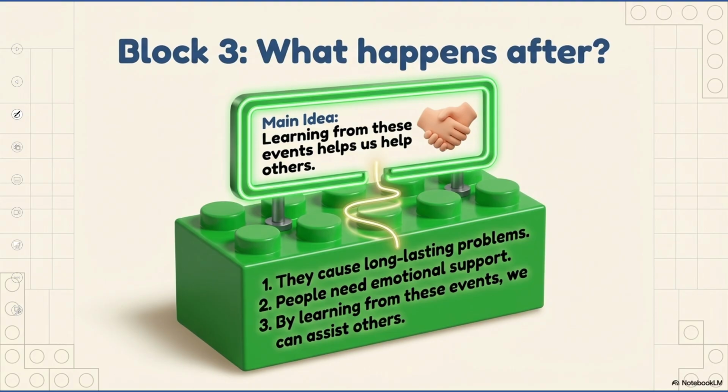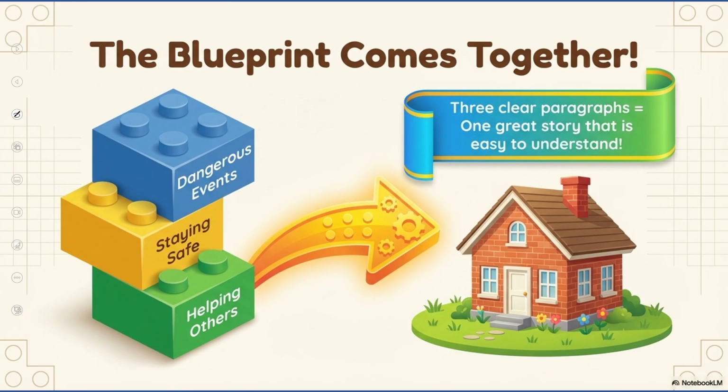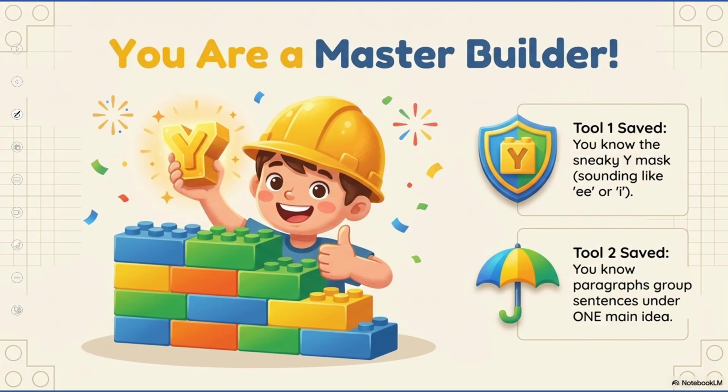And in the third paragraph, we will be discussing all of these points, which are long lasting problems. People need emotional support, of course, and by learning from these events, we can assist others. So these are the main ideas of the 3 paragraphs, and these 3 clear paragraphs are one great story that is easy to understand.